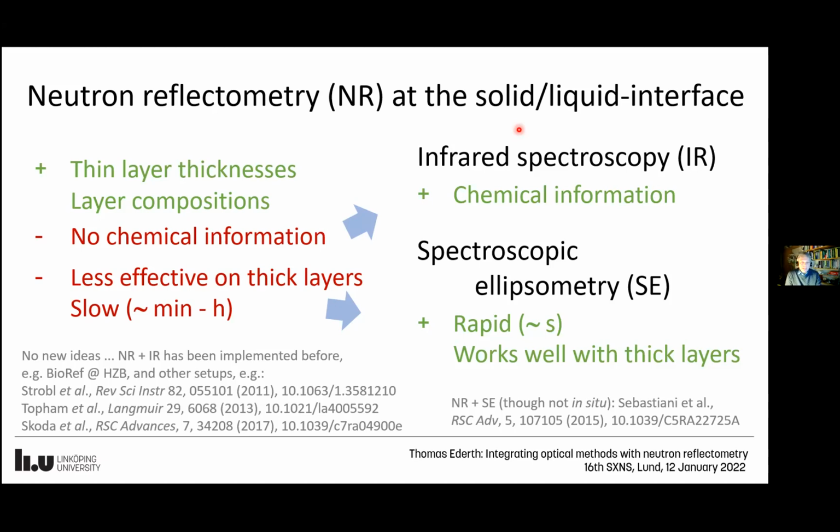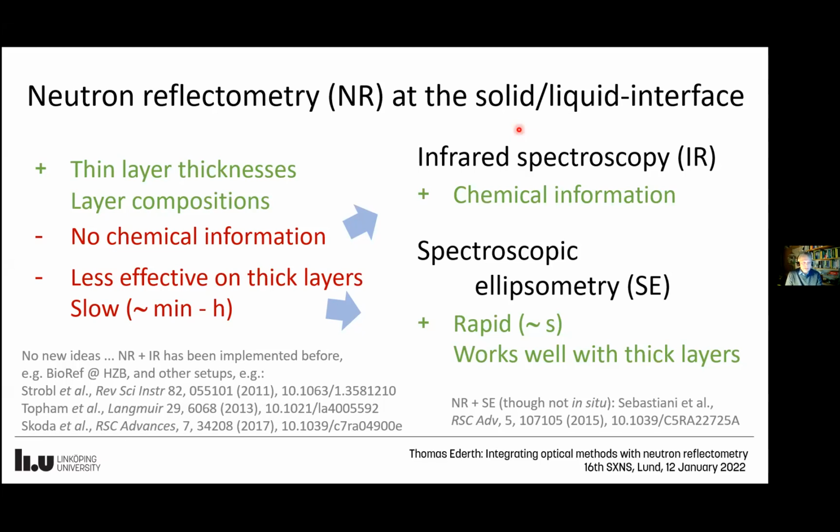Particularly, infrared spectroscopy together with neutron reflectometry has been implemented before. There was a beamline in Berlin, the BioRef beamline, which my collaborator Rainer Dahint was involved in. And also some attempts to do ellipsometry together with reflectometry before.